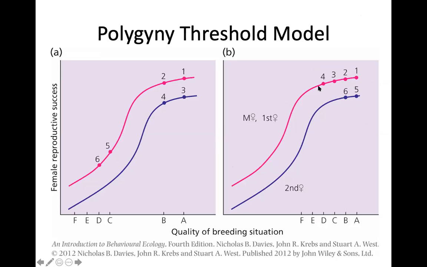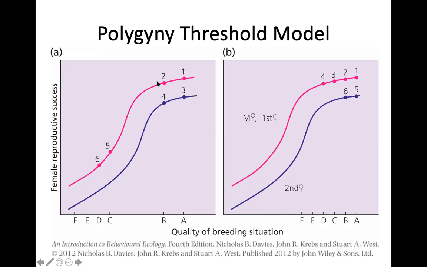And only after you've gone down the territory quality scale somewhat does it become productive to be the second female in these highest quality territories. So the specifics of territory quality, how it relates to female reproductive success, determines what decision gets made by females in choosing whether to join an already mated male or not.